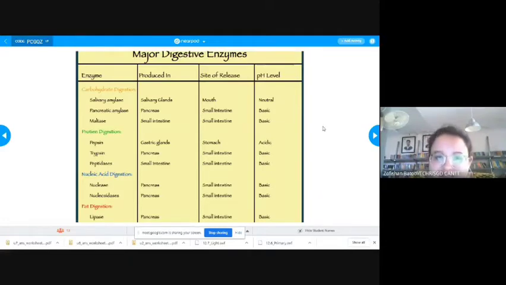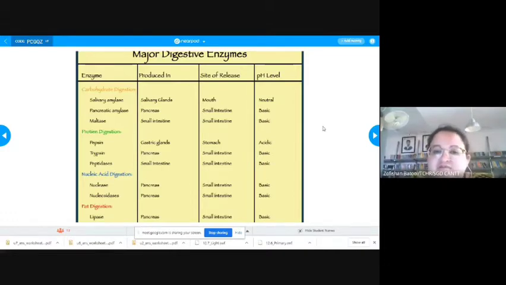Then protein digestion takes place by protease enzymes. Whenever you relate an enzyme to a specific nutrient, in most cases you omit the last three letters of its name and add ase at the end.